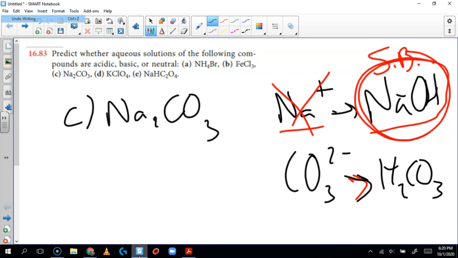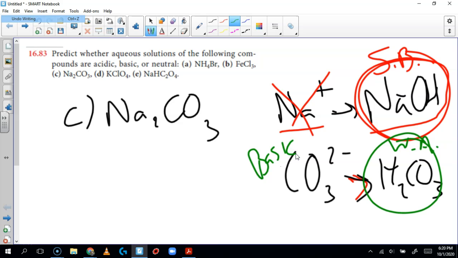Because this is a weak acid, that makes its conjugate basic, and that means that we are going to form some hydroxide to make this solution basic. So it's all about logic. It's all about using conjugate acid-base ideas in order to decide what's going on there.